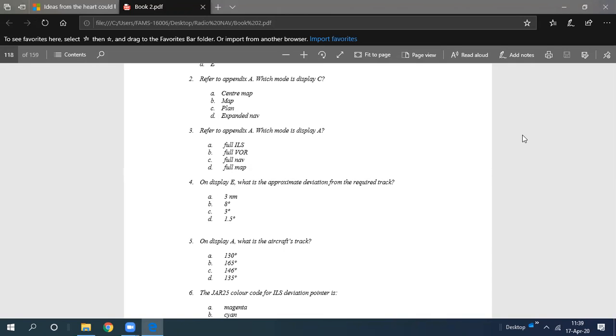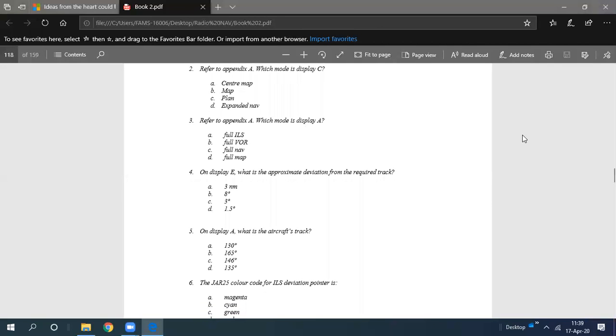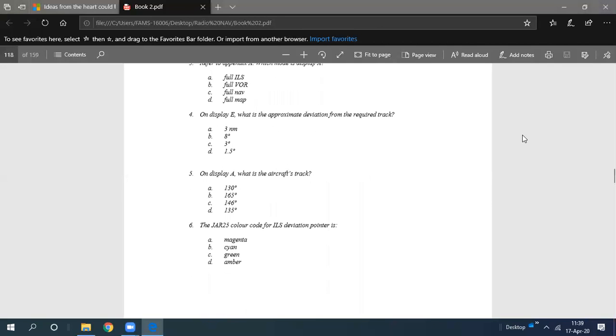Then question number 6, please. The JAR 25 color code for ILS deviation pointer is alpha magenta. Magenta, okay, very good, absolutely correct. You can do the next question also, please. Sir, can you roll it down a bit? I can't see question number 7. Okay.